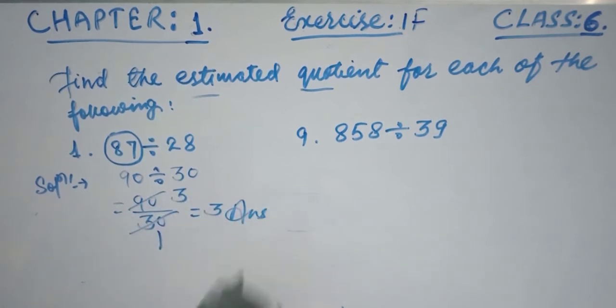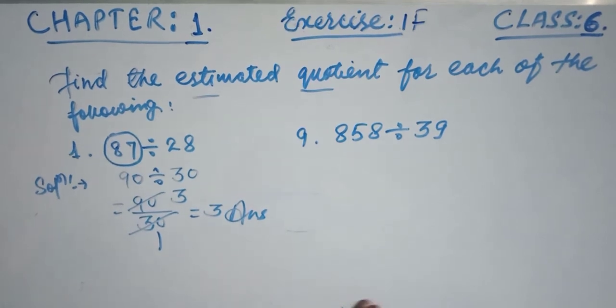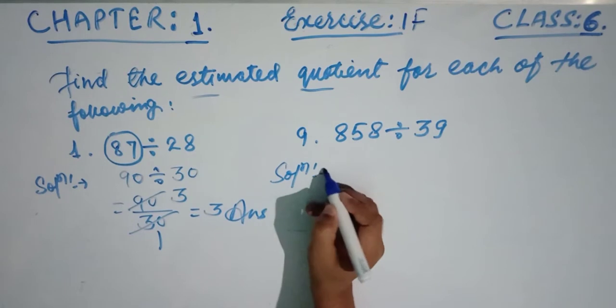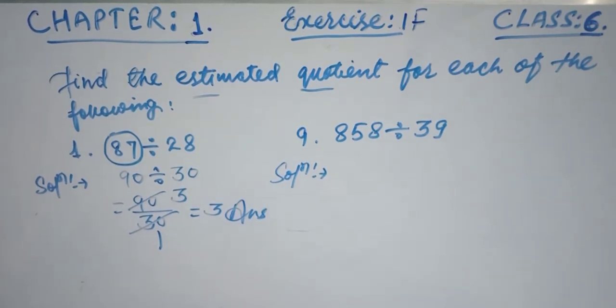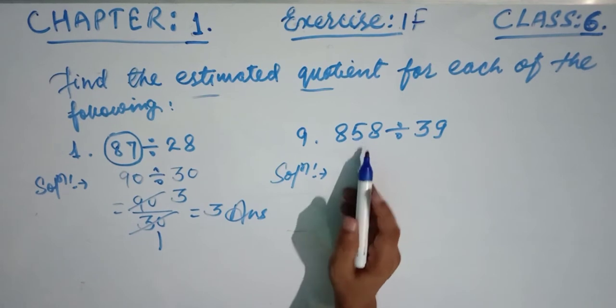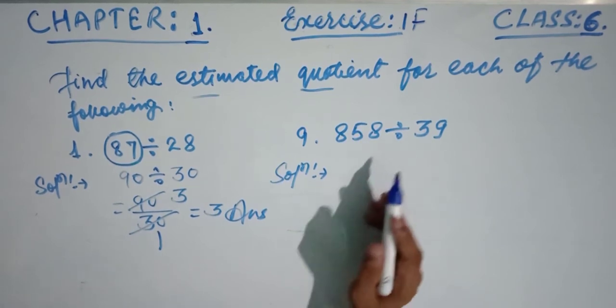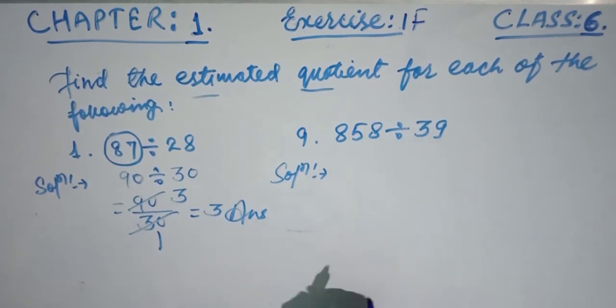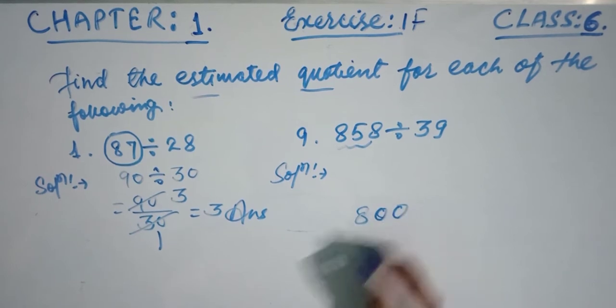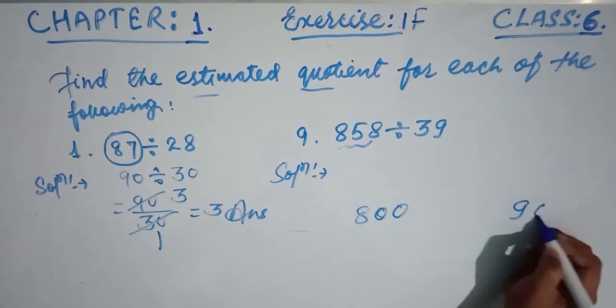Now next question, look, friends. This is a 3 digit number and this is a 4 digit number. Question number 9 says 858 divided by 39. First we are going to estimate this value. Suppose this is 800 and this is 900.